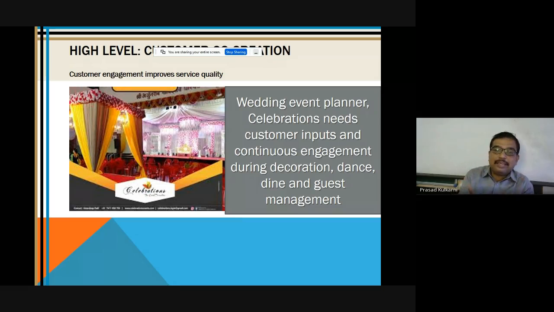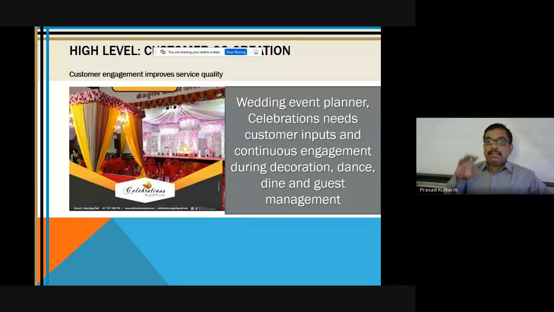Now I would be taking an interesting company, Celebrations. This company is founded and managed by our MBA GIT student, Mr. Amardeep Patil. What happens in a wedding event here, starting from planning the wedding card, how the wedding card should be: the design, the size, communications, so that they have to accept.